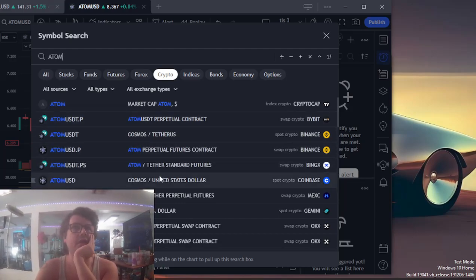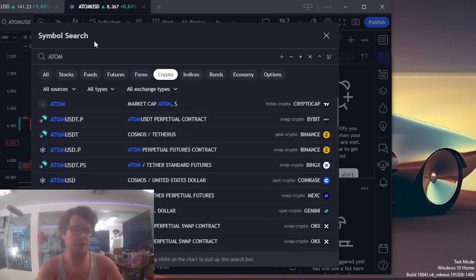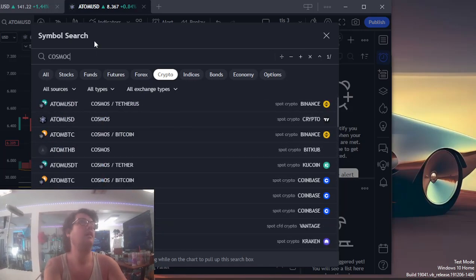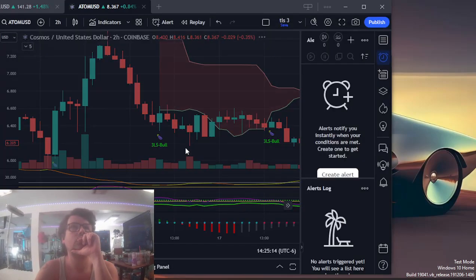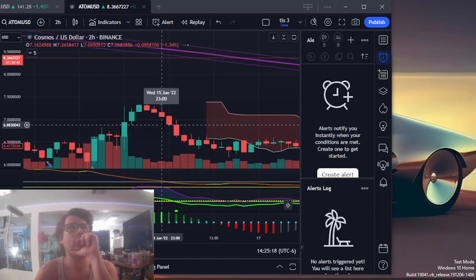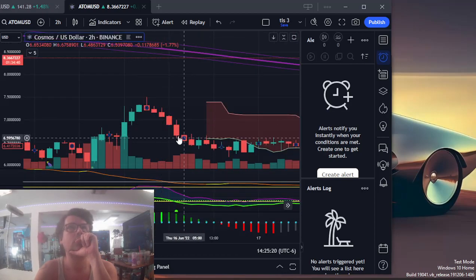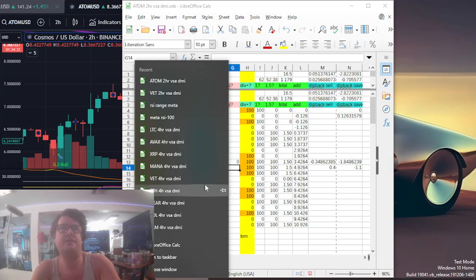Tried that one. Let's look for Cosmos. Huh. Well, I don't know which one I was looking at, but that is in the strike zone in all of them.